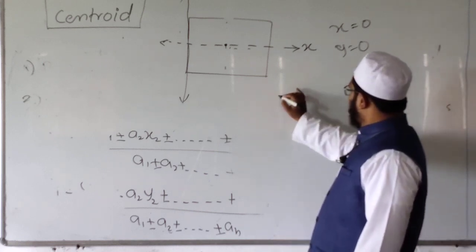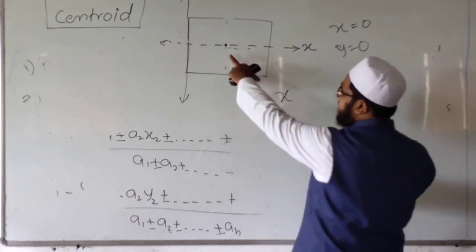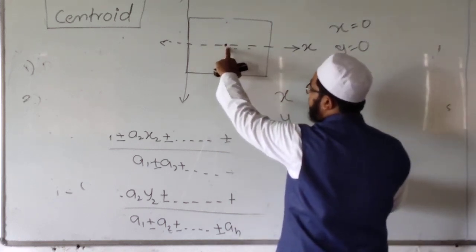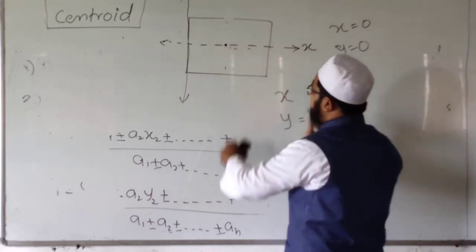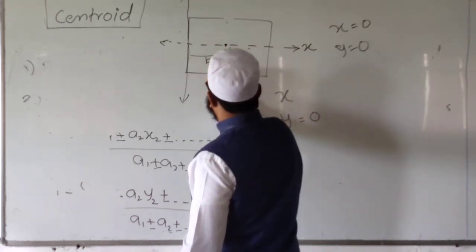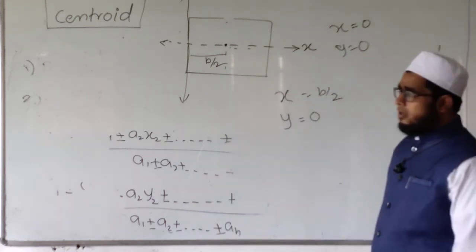In this case the y coordinate will be 0, and x is this distance, which if it is b, is b by 2.